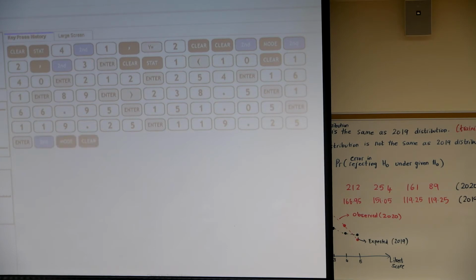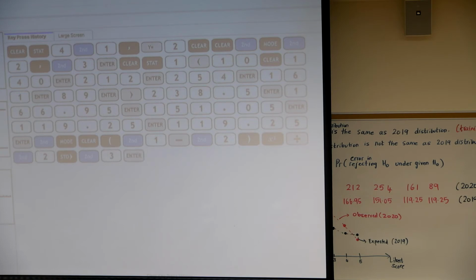So we know O's are in list 1 and E's are in list 2. So second 1 minus second 2 squared divided by second 2. L1 minus L2 squared divided by L2. That would be O minus E squared divided by E. And we can save these values by hitting the store button to list 3, second 3.